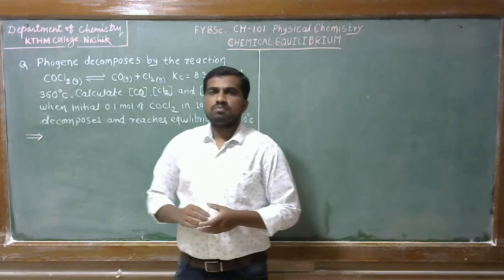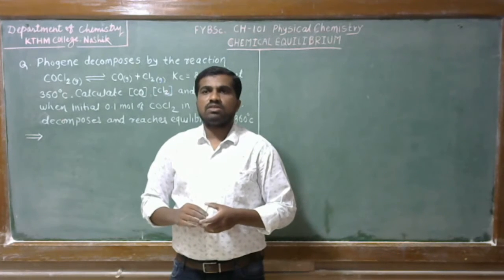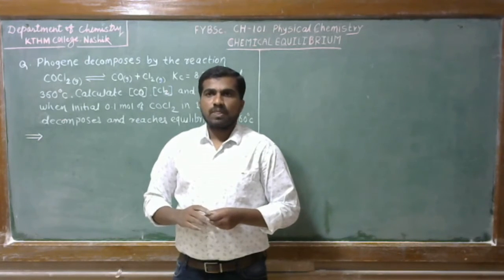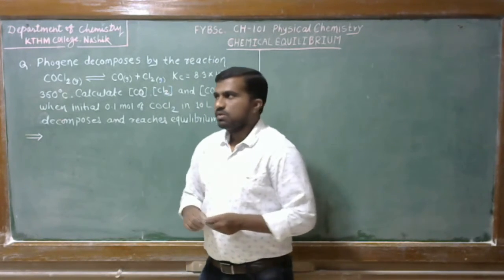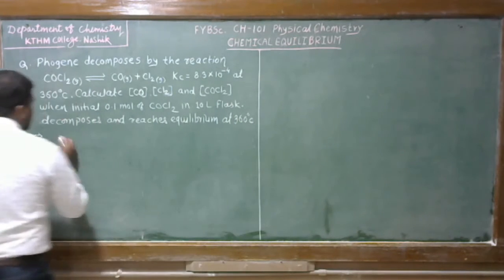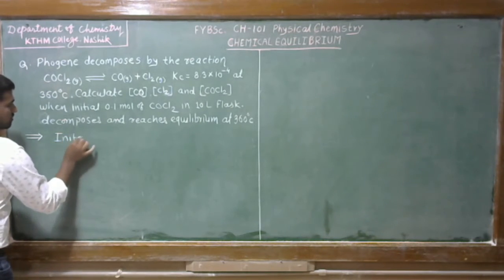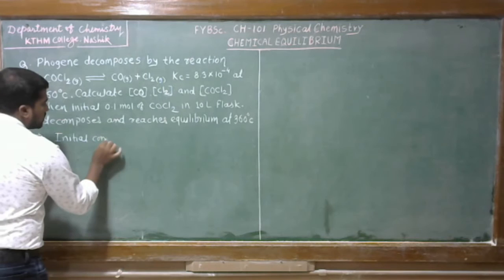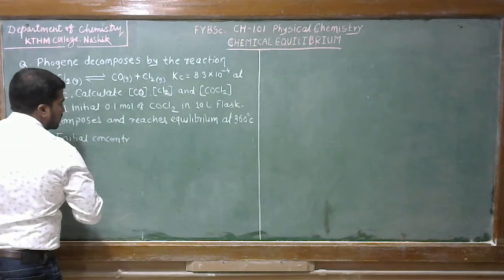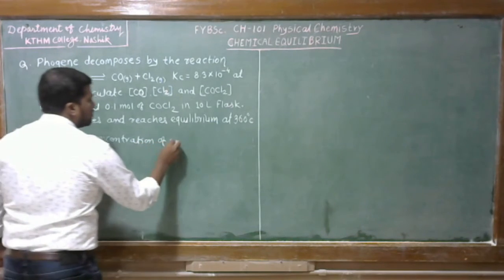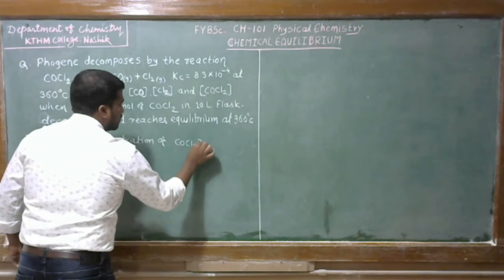So in this problem, we have to calculate the concentration of COCl2 as well as CO and Cl2 at equilibrium. First of all, we have to calculate the initial concentration of COCl2.